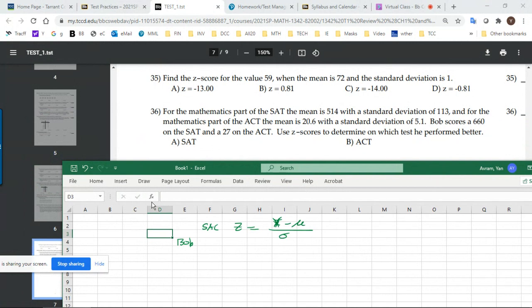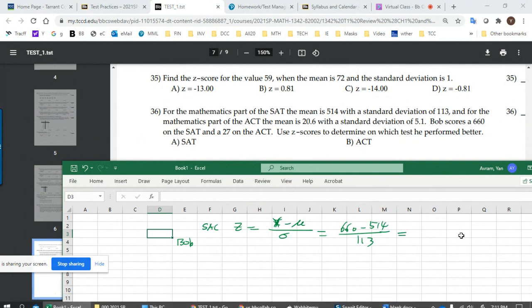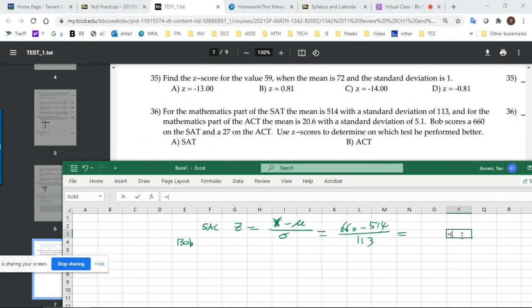He scored 660, minus the mean 514, divided by the standard deviation 113. Let's do a quick calculation: 660 minus 514, divided by 113, gives you 1.29, rounded to two decimal places.